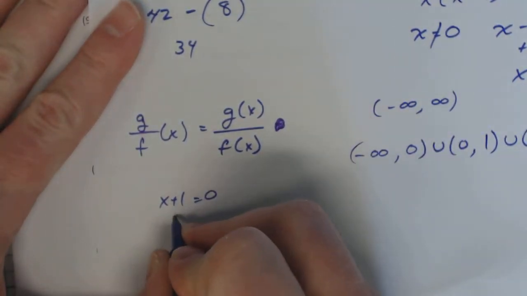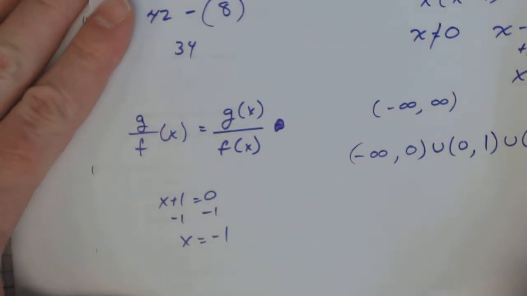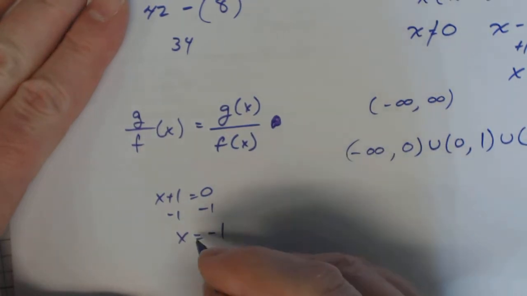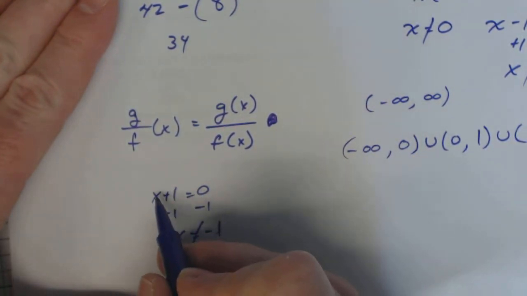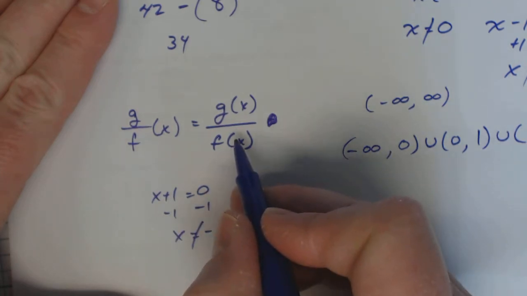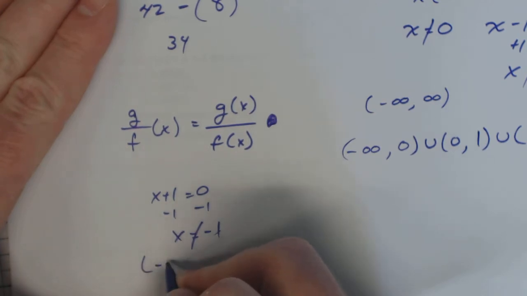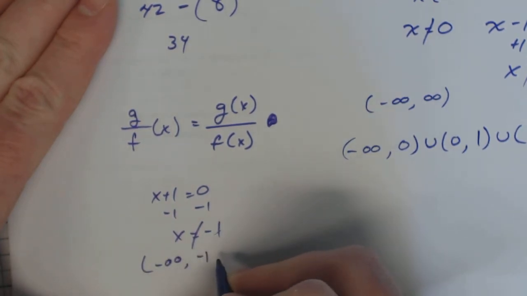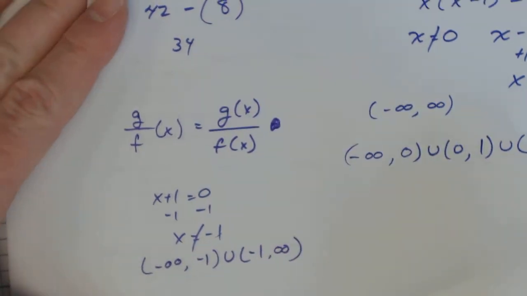So what value gives you 0? Negative 1 does. So the domain cannot have a negative 1 in it, because if you plug a negative 1 in, you're going to get a 0 for the bottom, and you don't want to divide by 0. So your domain here would be negative infinity to negative 1, union, negative 1 to infinity. That gets rid of the negative 1 in the domain.